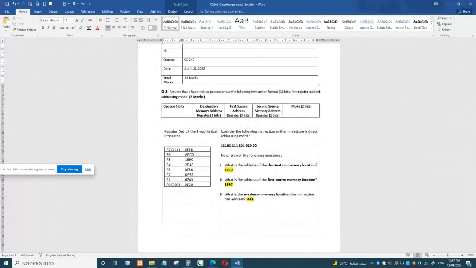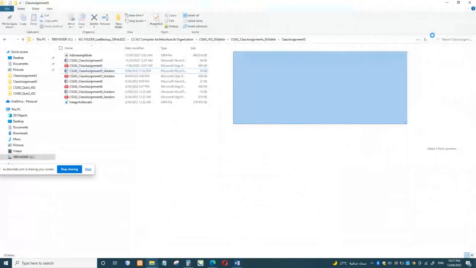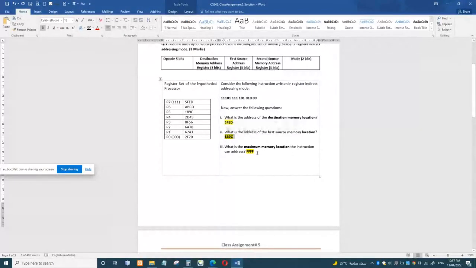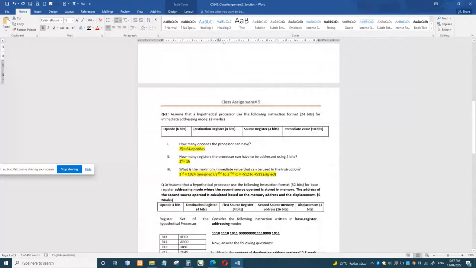The first two questions we already solved. So you can also check the values. You can write it there. And these are also the values that we did in the last class. You can write that one here as well.